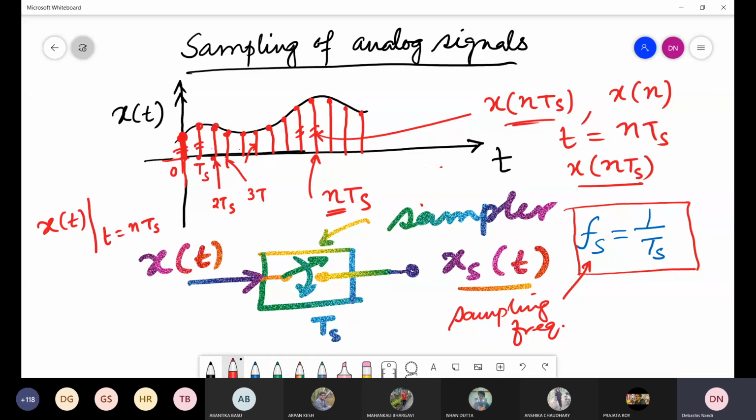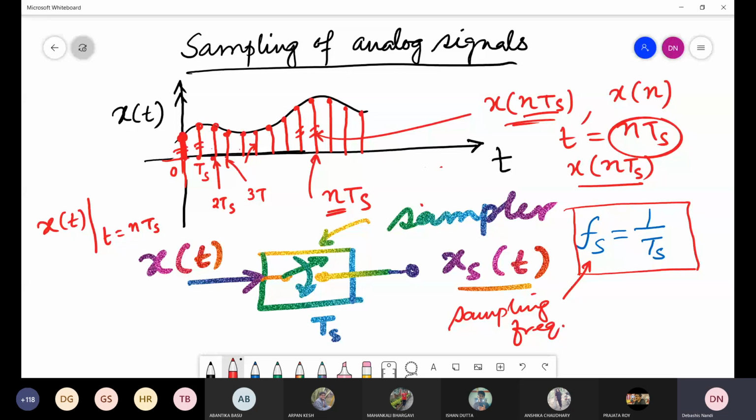It is not required within the argument of the function X. N is the integer variable, so writing N in the argument is sufficient. But you should mention the sampling time period separately.